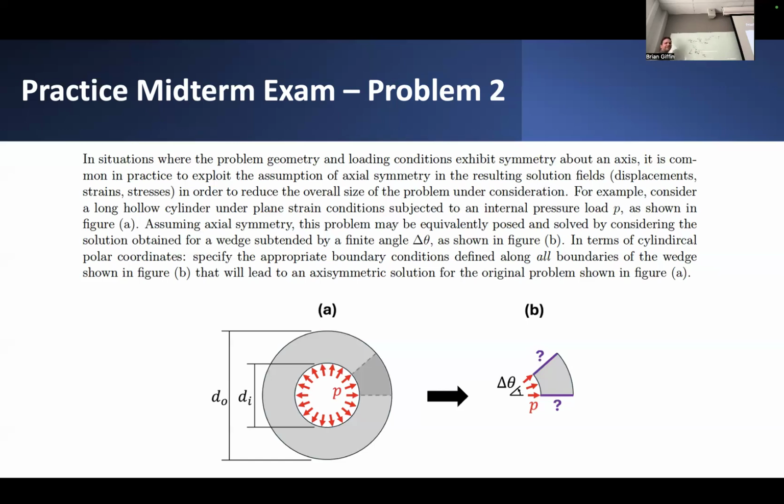Sigma r r and sigma r theta. So basically, if we're trying to impose traction boundary conditions on this exterior surface, the only components of traction that we could constrain are basically the RR component of traction and the R theta component of stress, technically.